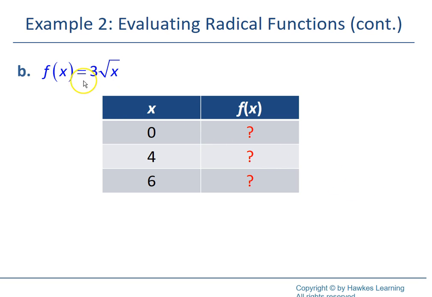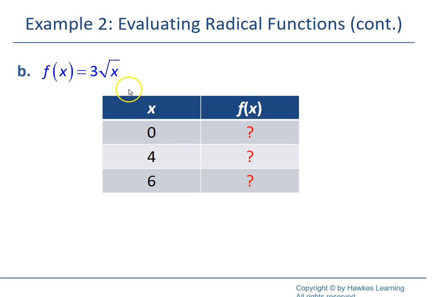Now, for something like this, for example B, again, you're going to write this down. This is function notation of a radical function. You're going to say x is 0. So 3 times 0 is going to be 0 here.